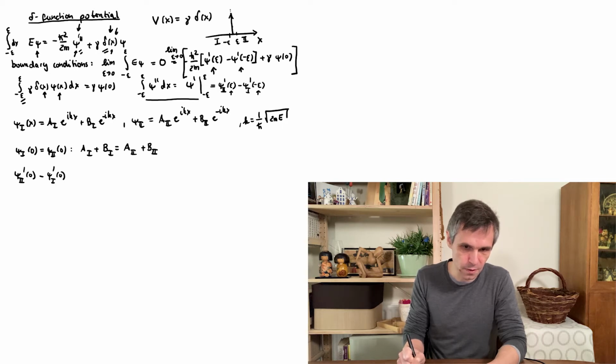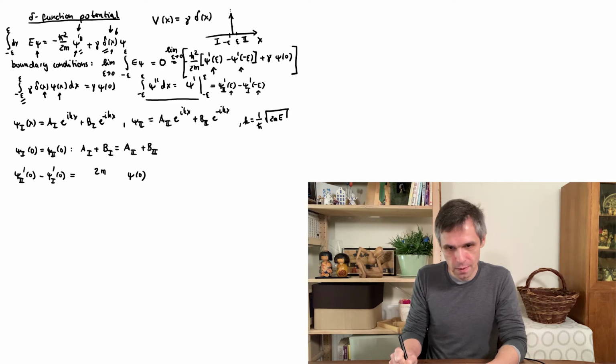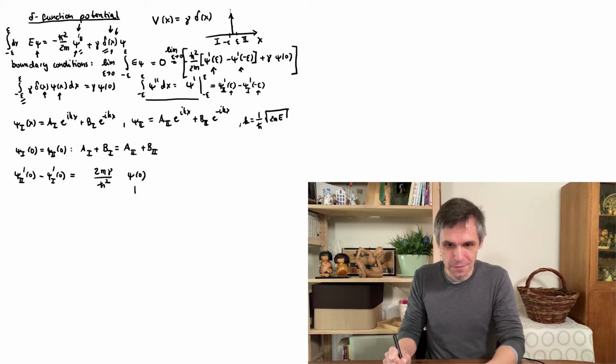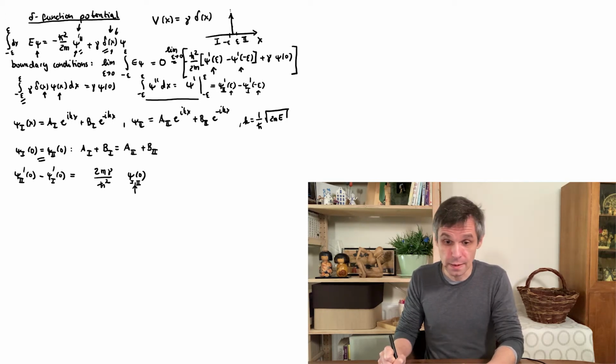This jump of the derivative has to be proportional to the value of the wave function at this point, multiplied by this factor here. Now the wave function here can be evaluated in two different ways, either using the value in region 1 or in region 2, because both of them are identical. So I'm going to evaluate them using the values in region 1. This then gives me the following expression.